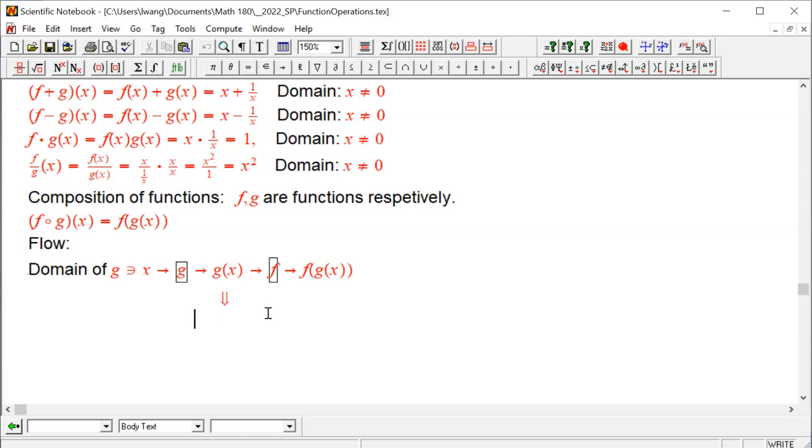So g of x is in the domain of f. The input is from the domain of g, and the output, in the range of g, is in the domain of f. So in the end, f of g of x is going to fall into the range of f. So this is the process. Okay, let's take some examples.